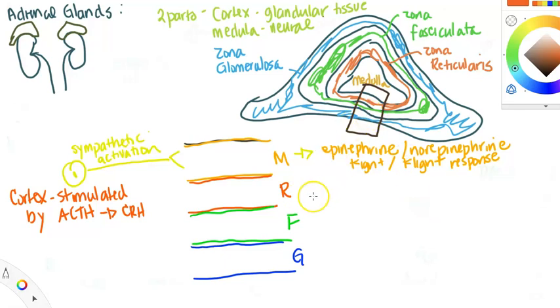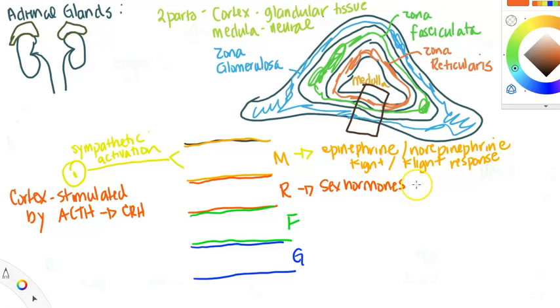So what the cortex does is it secretes different types of hormones depending on the layer. So in the zona reticularis, sex hormones are made and secreted.